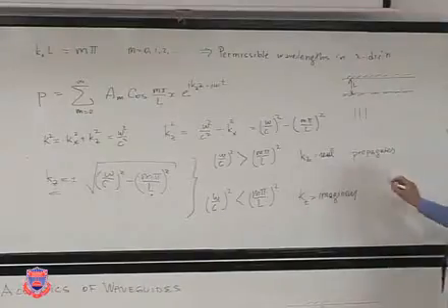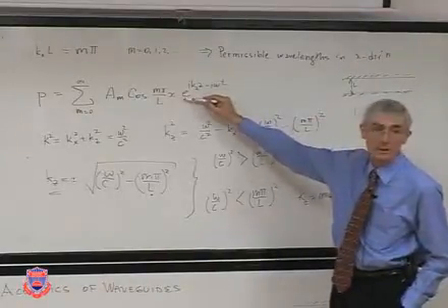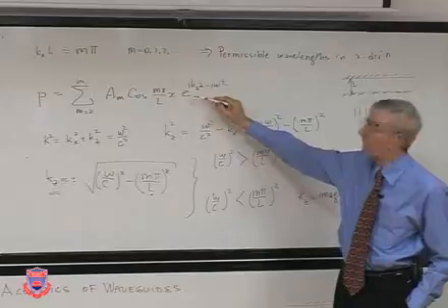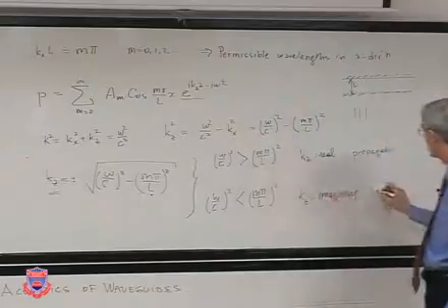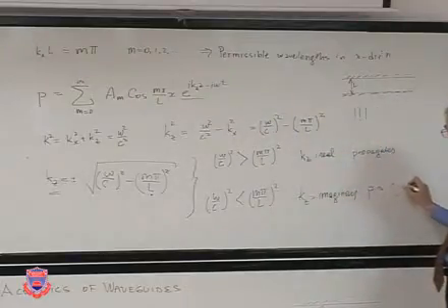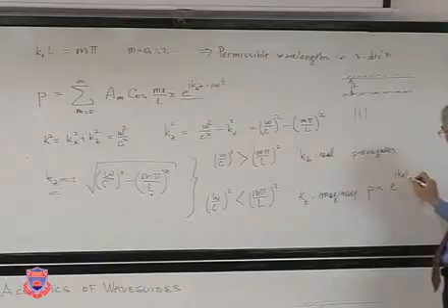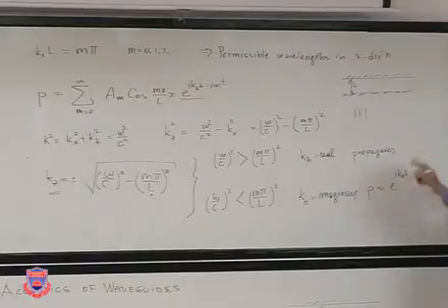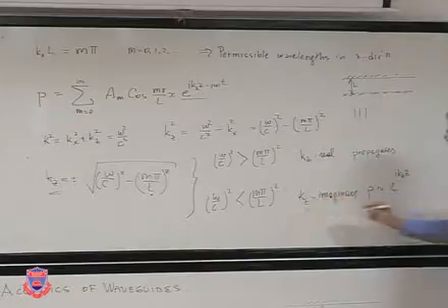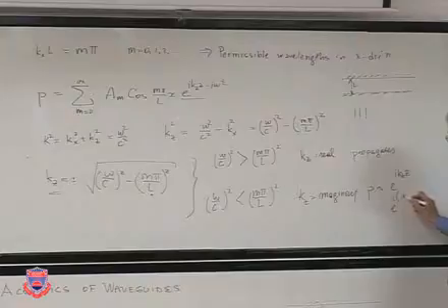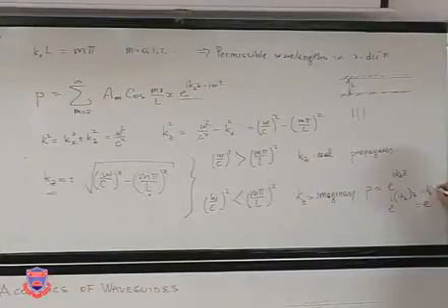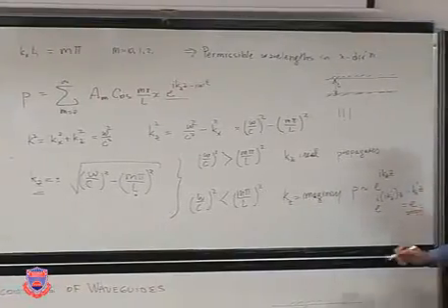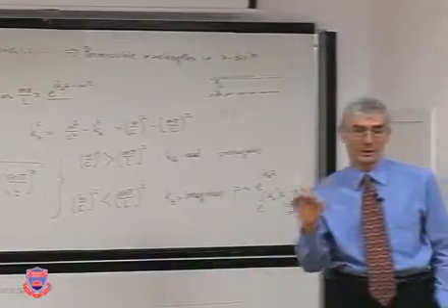Now, if it is imaginary, let's just take a look at this for a moment. You can see that pressure, just taking that particular component and substituting an imaginary value, you can see it dies away exponentially.